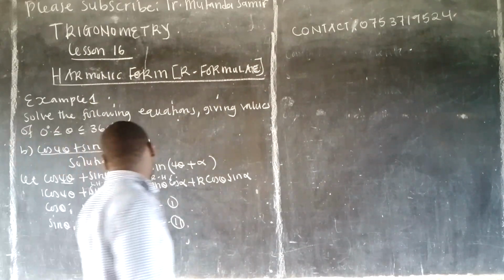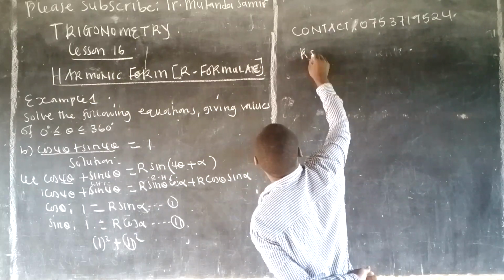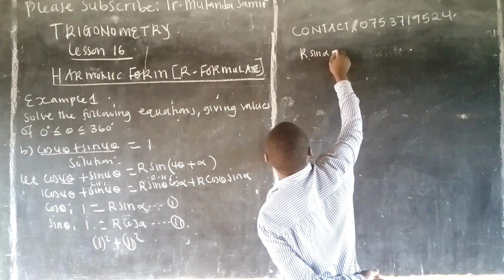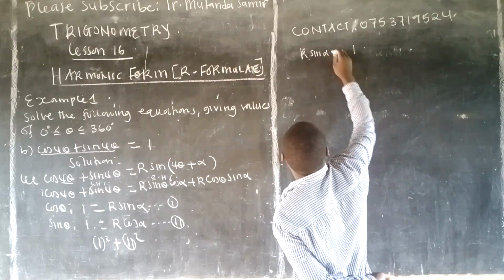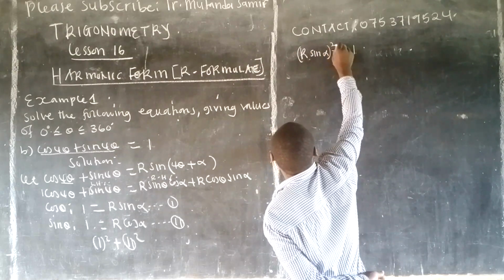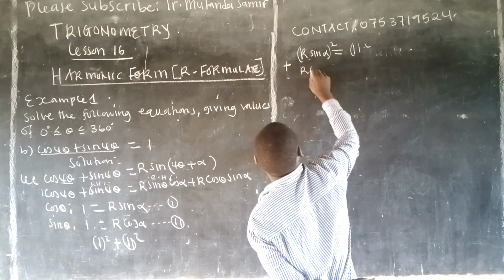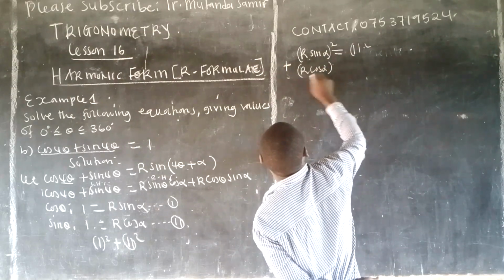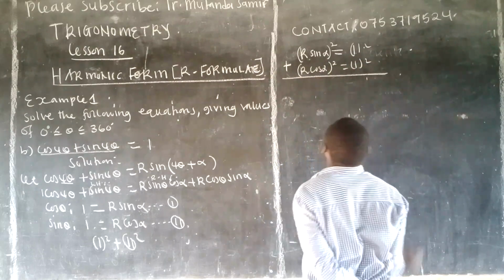And let's do that. That will be r sine alpha is equal to 1. Now, equation 1 squared means that you square this, then you also square that, plus you square equation 2, r cos alpha, squared, which must also give us 1 squared. Let's now add.